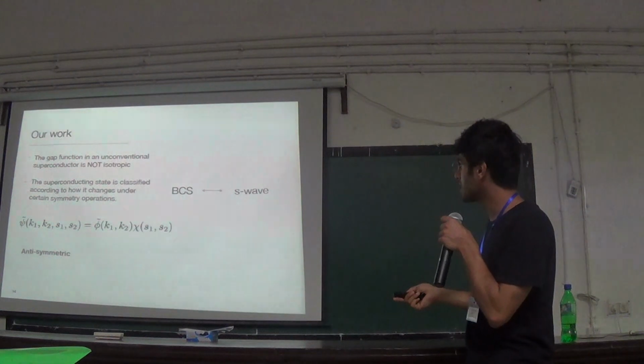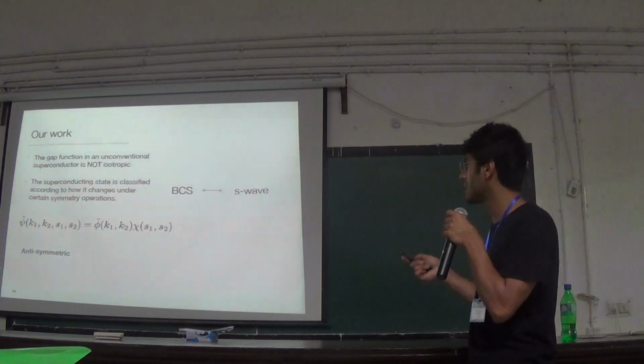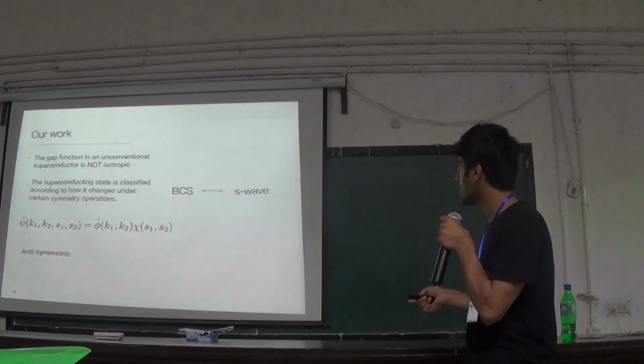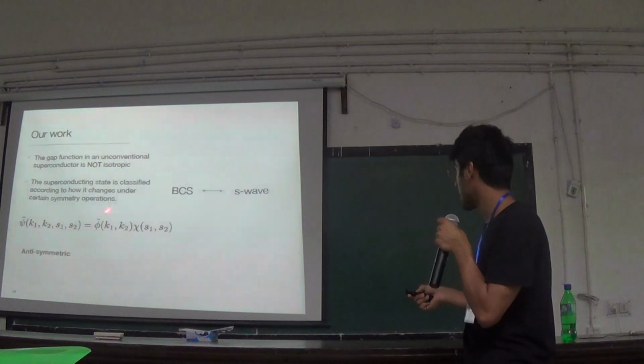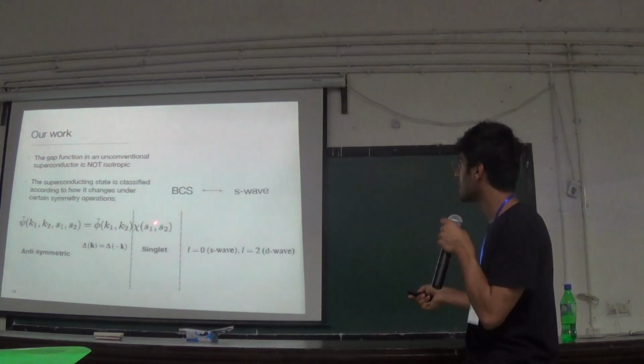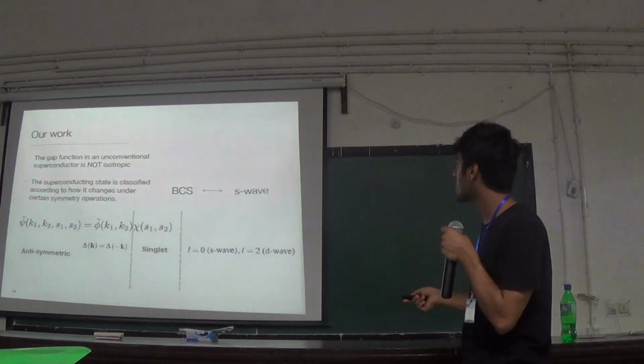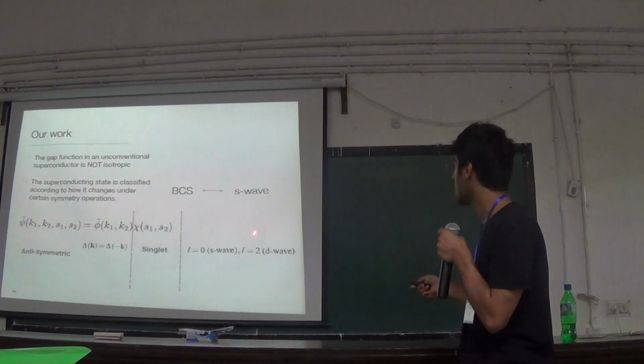So this is one of the things. So you know that if you write down the wave function for a Cooper pair, it should be antisymmetric because it's the electrons. And then you can just write down the product state of the spin and the angular part, the orbital part. So then there can be different possibilities. If you have this as a singlet, so the Cooper pair is of the singlet form, there are two possibilities: you have L equal to 0, that is called the S wave, and this is the D wave.